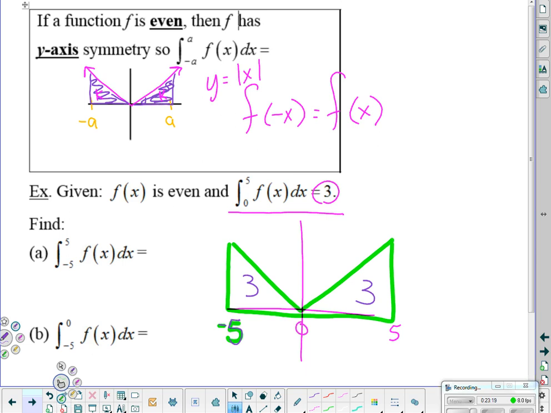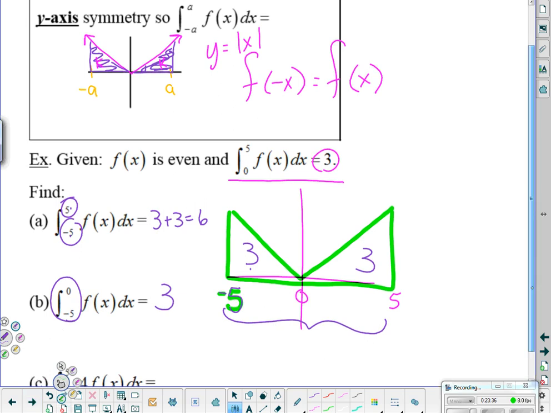So when it says, what's the area from negative 5 to positive 5? Well, they're talking all the area under the curve. I'm going to have a 3 plus 3 or 6. Nice, easy problem. What about from negative 5 to 0? Oh, that matches the right side when I went 0 to 5.